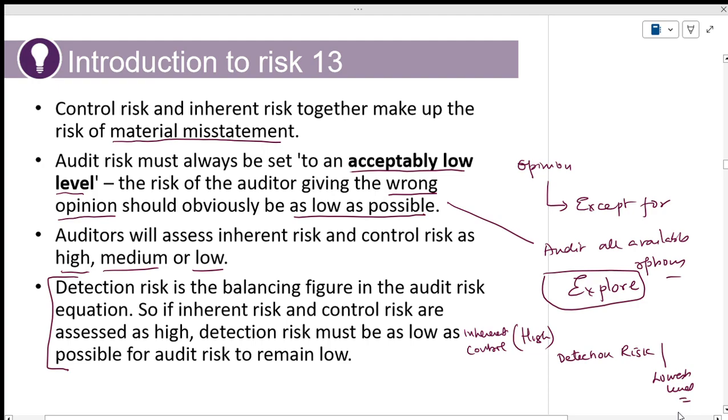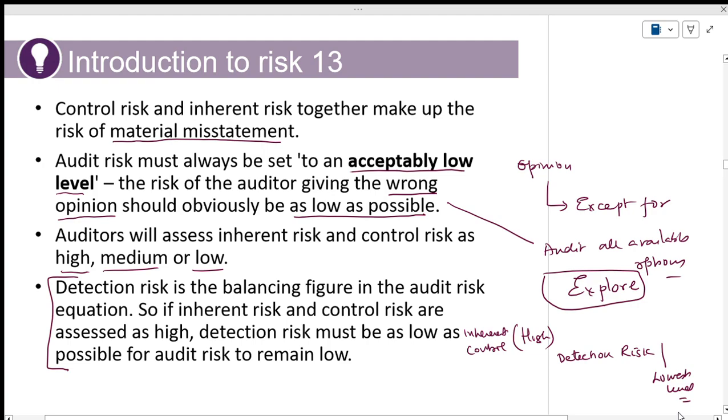Again I am repeating: if the control risk is high and the inherent risk is assessed as high, it means our detection element is very, very less.